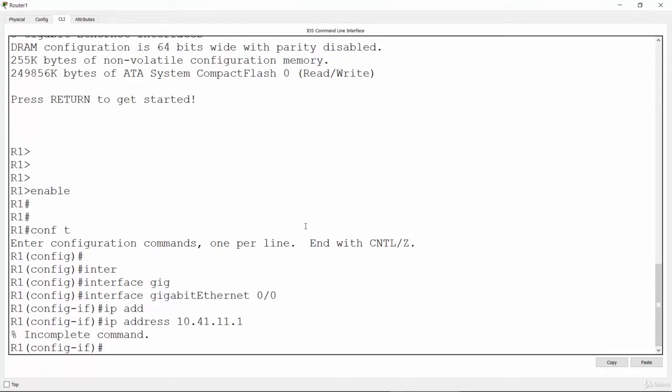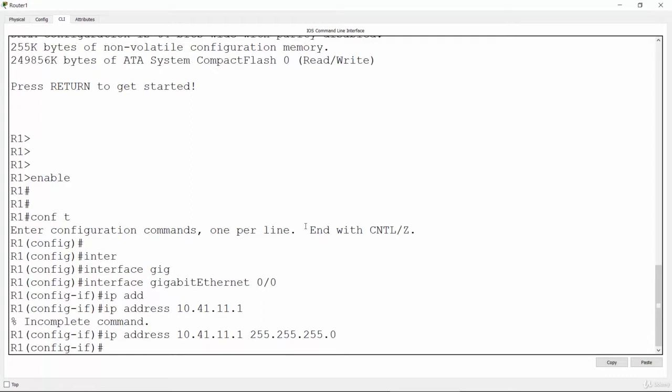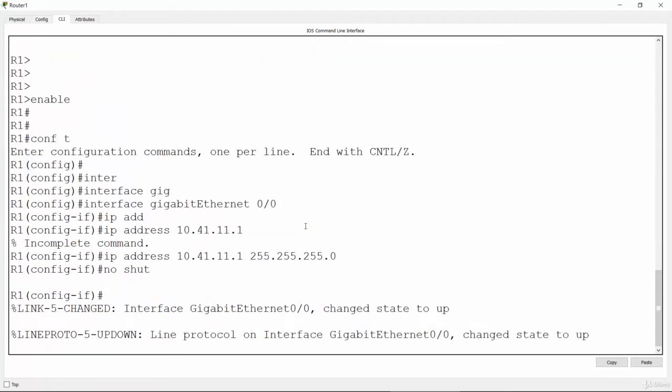But what I've forgotten here, IOS warns me that it's an incomplete command. IOS is right because I didn't give the subnet mask, so I'm giving my subnet mask too. /24, which means 255.255.255.0. Enter. And please don't forget to say no shut.